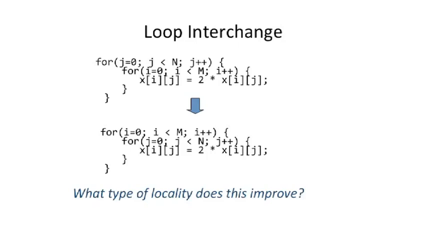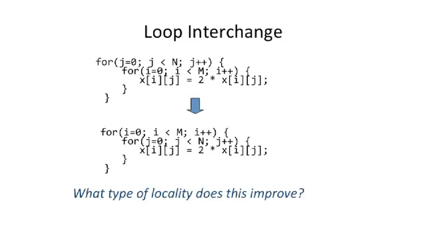For j is less than n, for i is less than m. It's a doubly indexed array, x here. We're effectively striding through this array somehow, and we're multiplying every element in the array by 2. Seems basic enough.